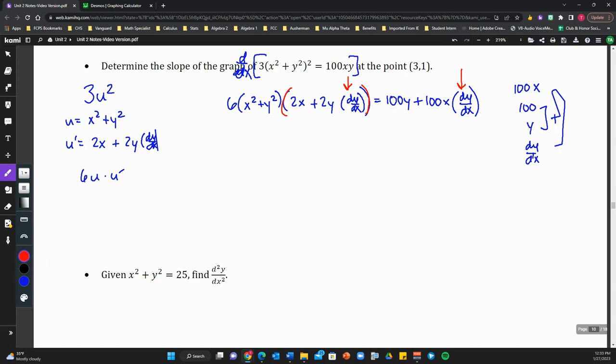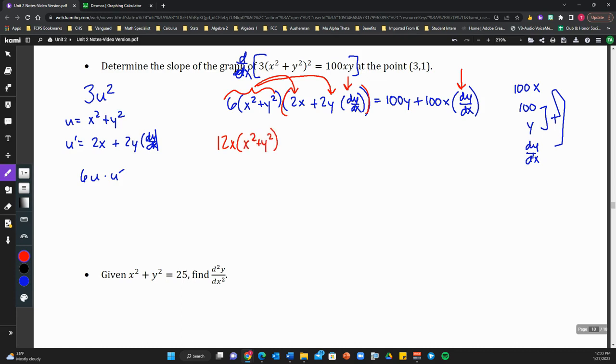We're just going to do it in kind of a weird way, because out in front of this group with the dy/dx, we have another group and a constant multiple of 6. So what I'm actually going to do is I'm going to multiply both of these things into both of these terms. It's going to look a little weird, but for the first round, if I take 6 times this group and multiply it by 2x, I can actually take the loose parts, 6 and 2x, multiply them together, and my result is 12x times the binomial x squared plus y squared.